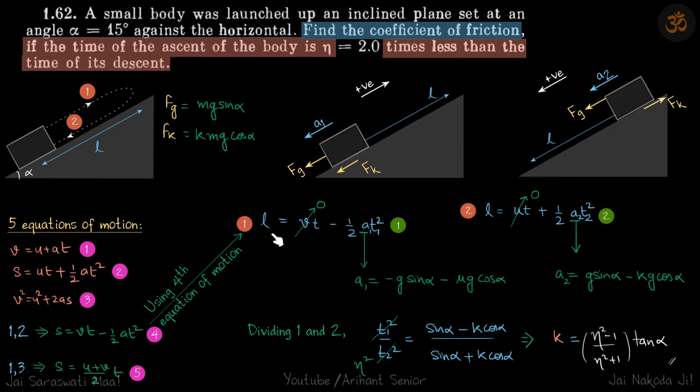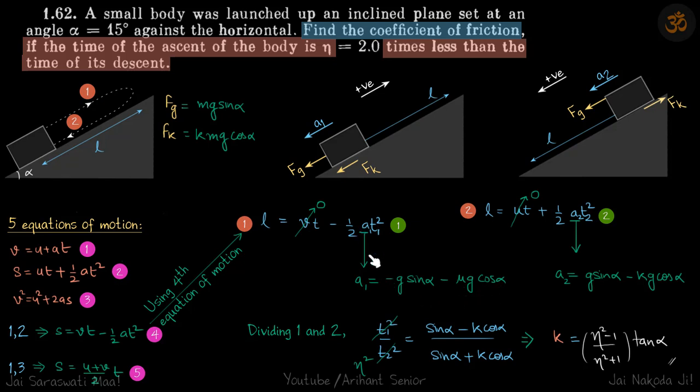So when thrown up, we are going to use L is equal to Vt minus half A1 into T1 square, and we have to take care of the signs. The final velocity V is 0, so this term is 0. L displacement is upwards, and we have assumed the upward direction to be positive, but the acceleration is downwards. So A1 will be minus g sin alpha minus mu g cos alpha.